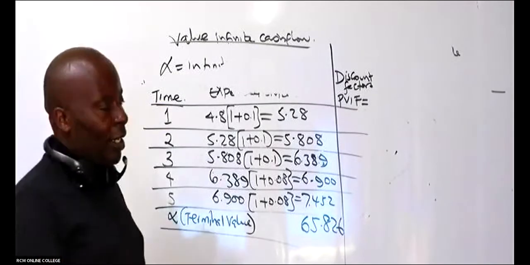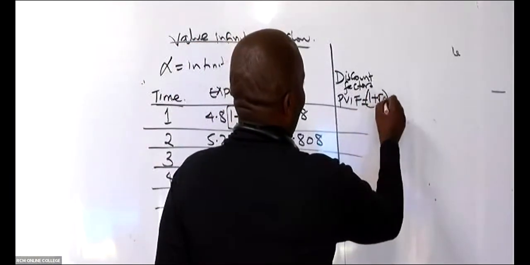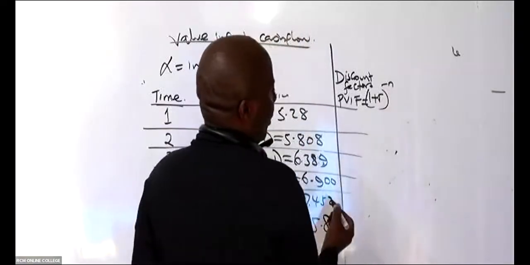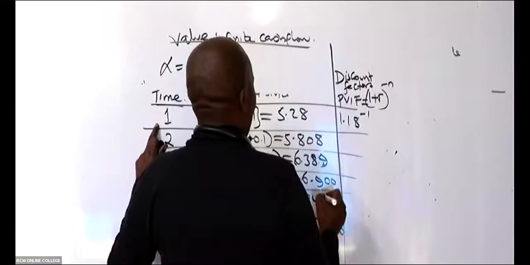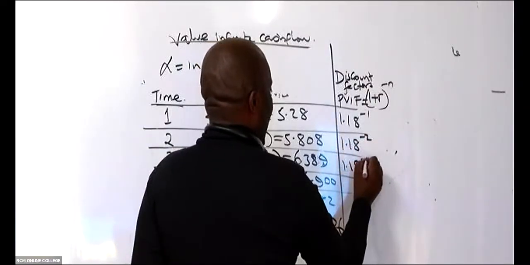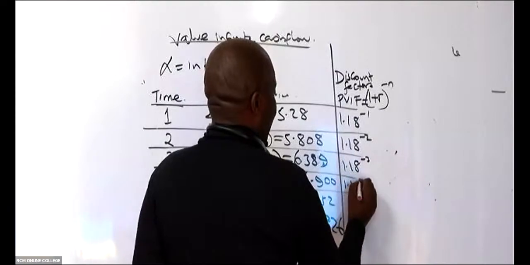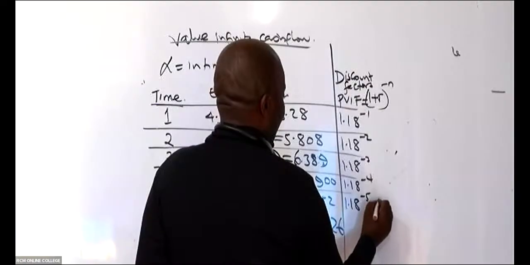I know the formula. It is (1 plus R) raised to negative N. So it will be 1.18 raised to negative 1, 1.18 raised to negative 2, 1.18 raised to negative 3, 1.18 raised to negative 4, 1.18 raised to negative 5.